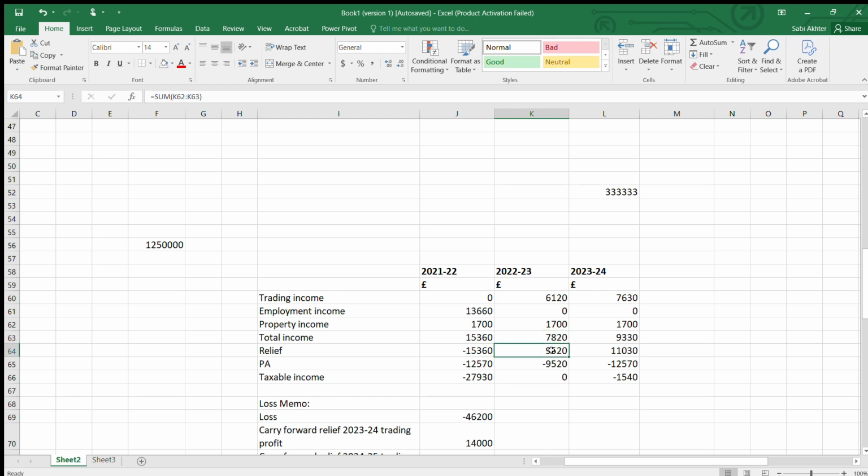Wait, there's a mistake. Okay, this is the mistake. It is 7,820. We don't have to find the taxable income. Okay. So now net income.